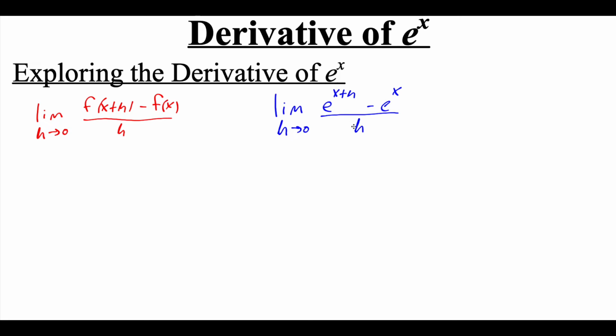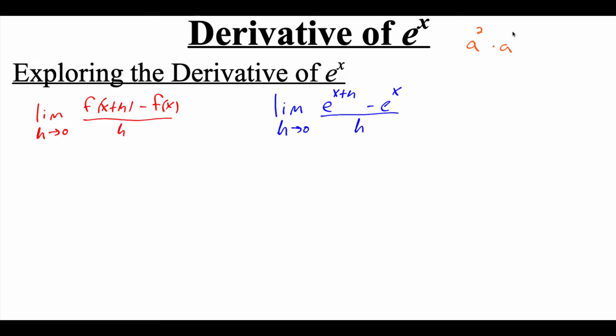Now we're going to work on simplifying some things down within that fraction to make doing this limit a little bit easier. The first thing I'm looking at is that e to the x plus h. We do have to remember some properties of exponents. When you've got powers being added together, that really comes from having the same base being multiplied together with some powers.